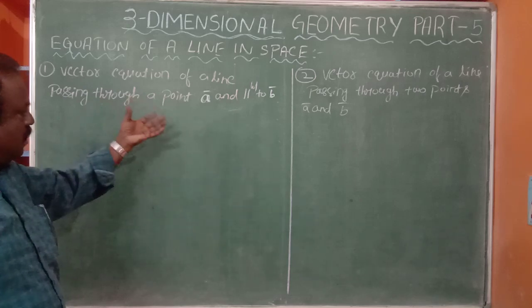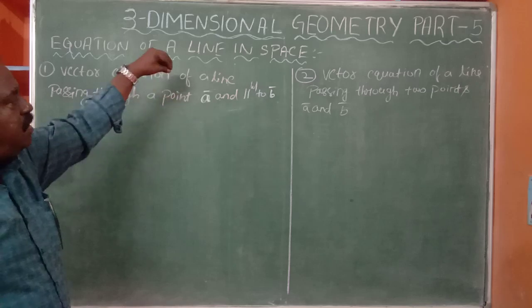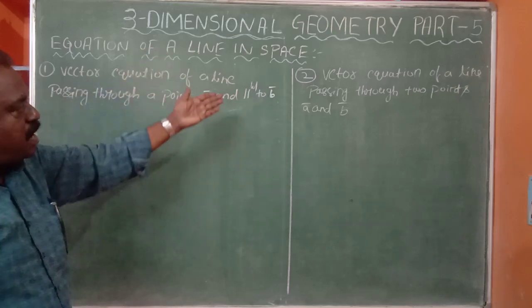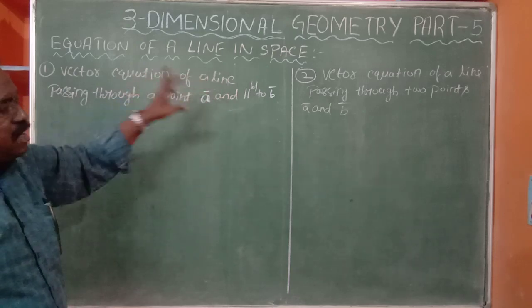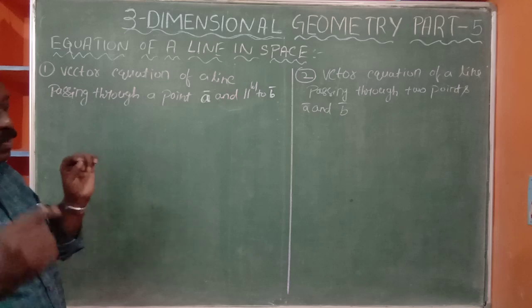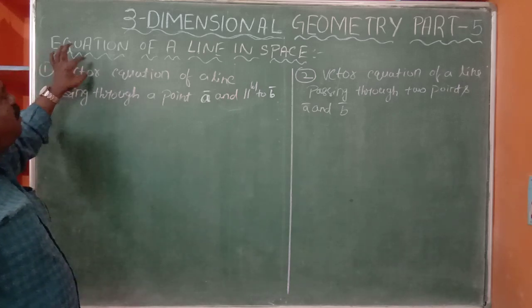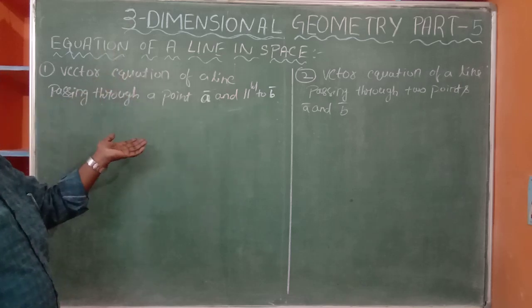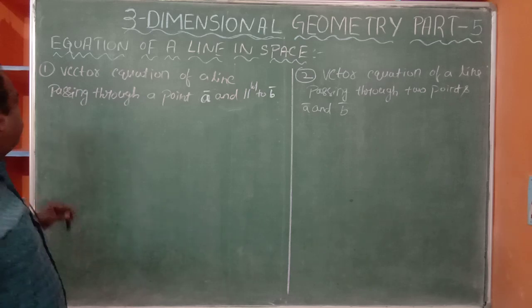Yes, A bar means it is the position vector of a point. So it is passing through that point. And parallel to B bar, where B bar is a free vector and A bar is a position vector. Try to understand. We have to find the vector equation first, and through that we can find the Cartesian equation also. What is the Cartesian equation? I will tell you.